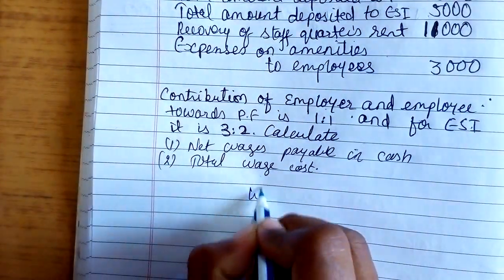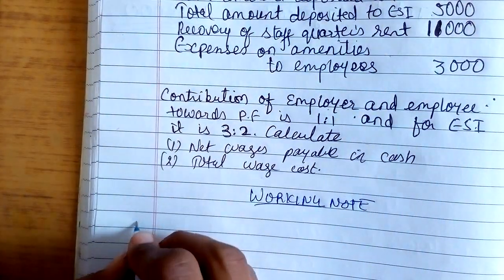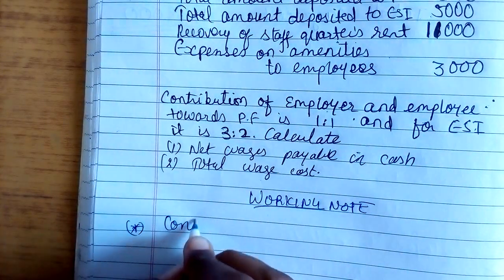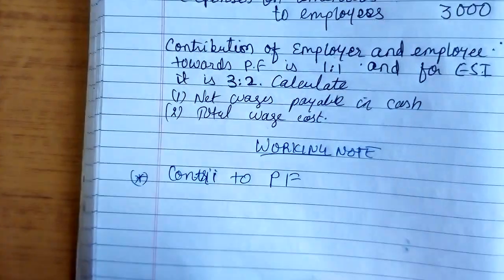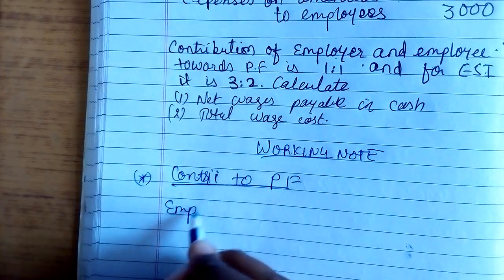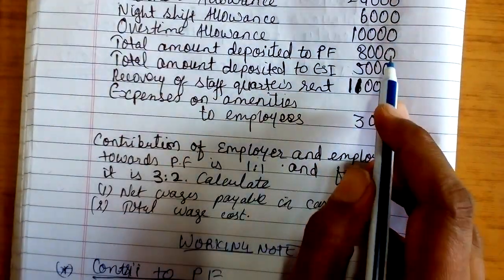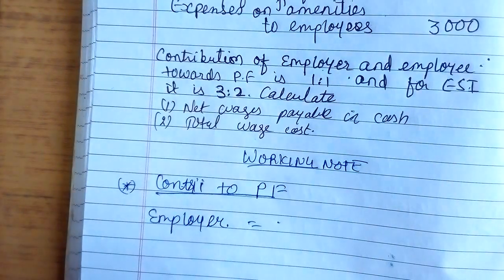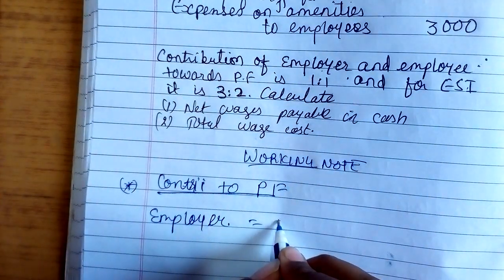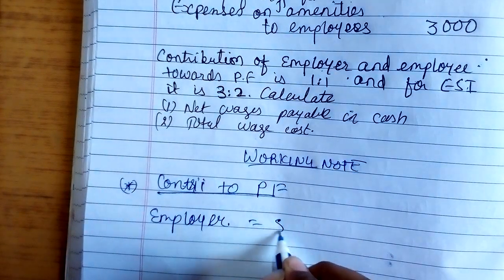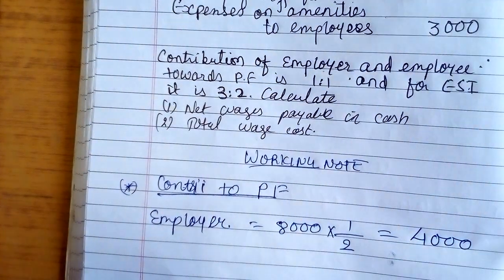Right? So likewise, starting with the same working note here. First, contribution to PF. Employers and employees, both contribution. So if I am talking about employer, the total amount deposited to PF is 8,000, right? So employer will be 8,000 into 1/2, so 4,000.